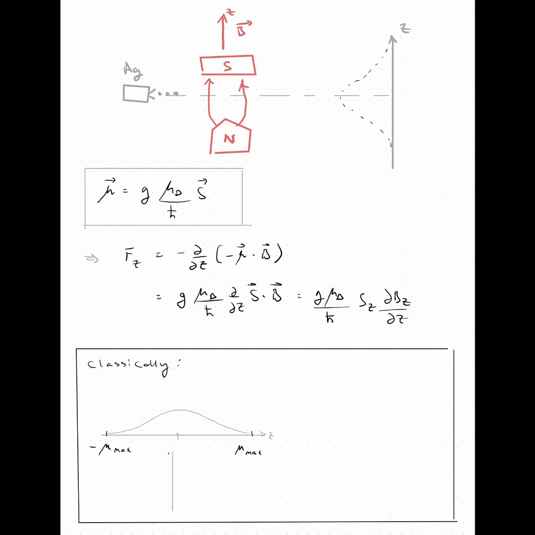And the picture is something like this, where the magnetic moment can really take on any direction. That's kind of what you would expect to happen classically. Okay? And this bump is a distribution of mu values.